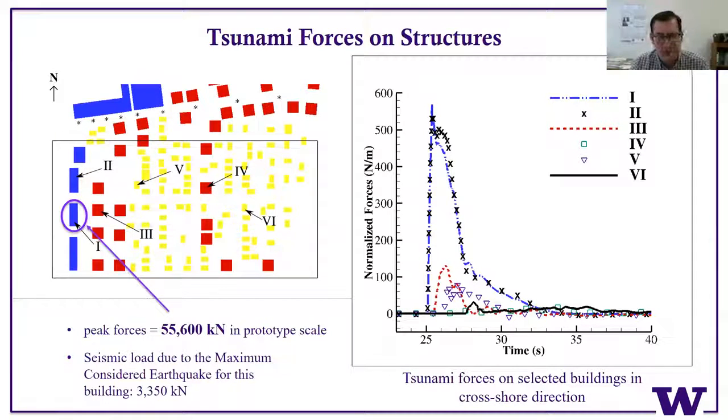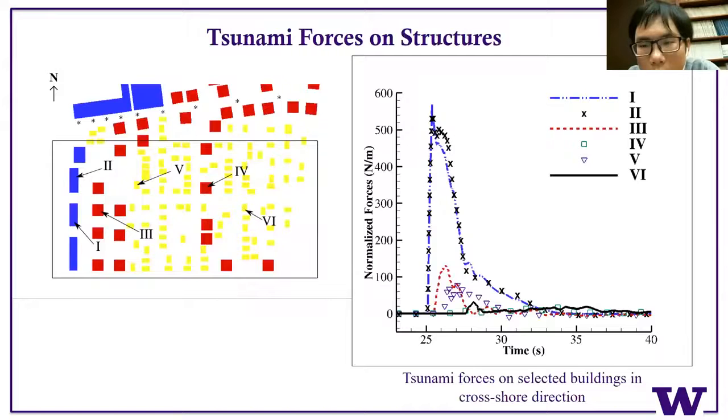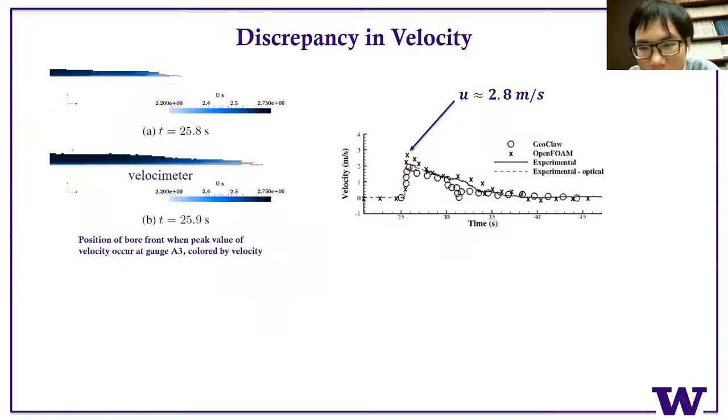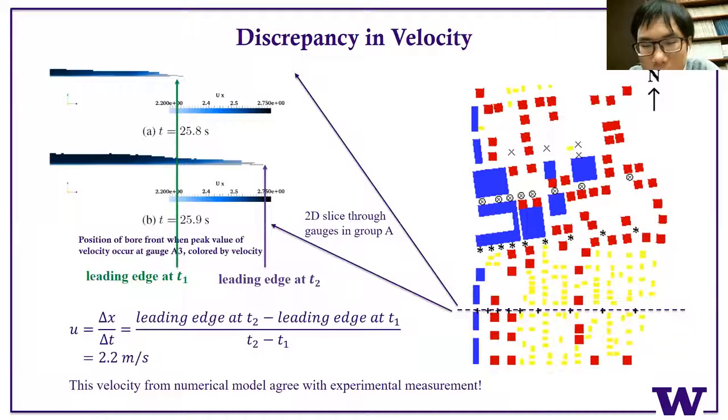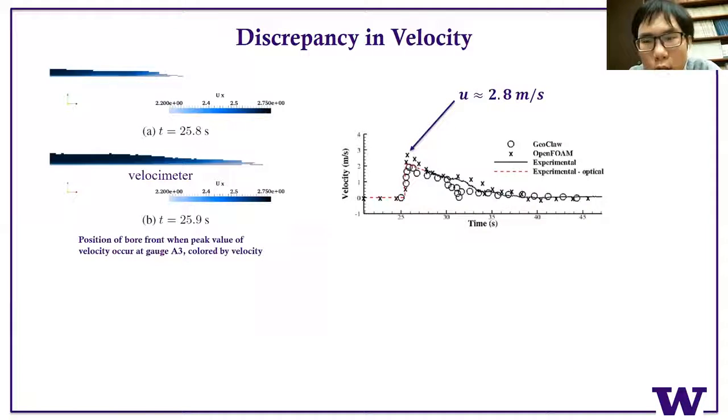Does that impact any of your analyses? All the time histories of forces, wave and water depth, and velocity I show here are before the reflected wave affects the gauges or the measurement of forces. Okay.